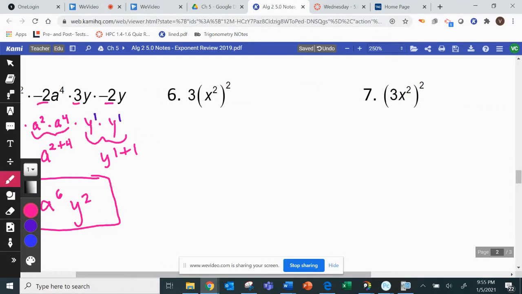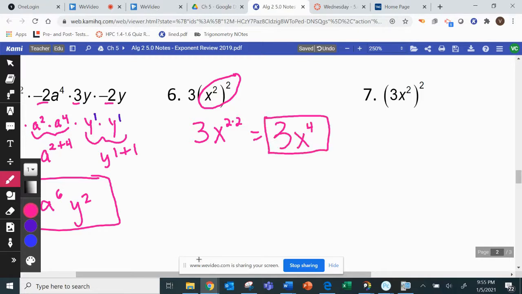Question 6 has a power, but it is only on the thing in the parentheses, so it is not on the 3. So I will have a 3, and I'll multiply that by x to the 2 times 2, which is 3x to the 4th. So when we power them, we multiply.